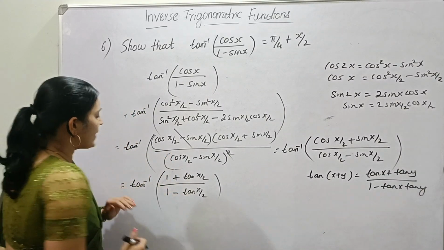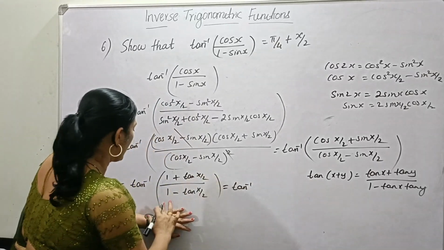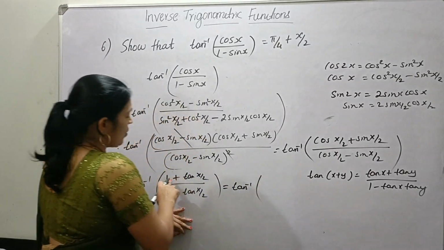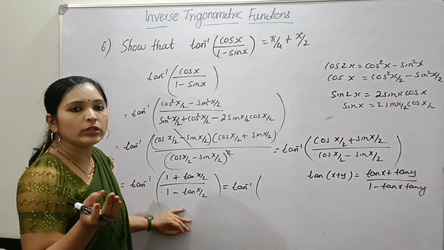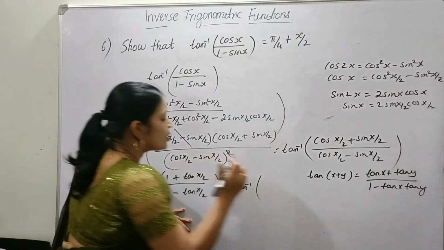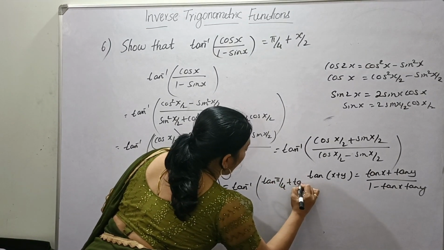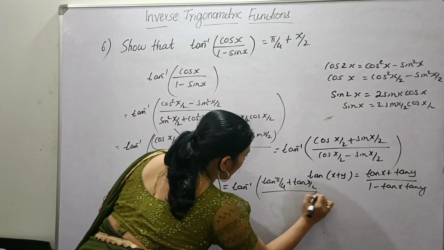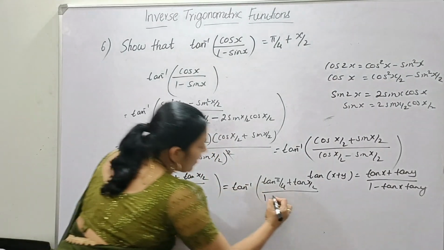So we will apply this formula: tan inverse of 1 can be written as tan pi by 4, because tan pi by 4 is equal to 1. So tan pi by 4 plus tan x by 2 divided by, here 1 itself, write as it is.